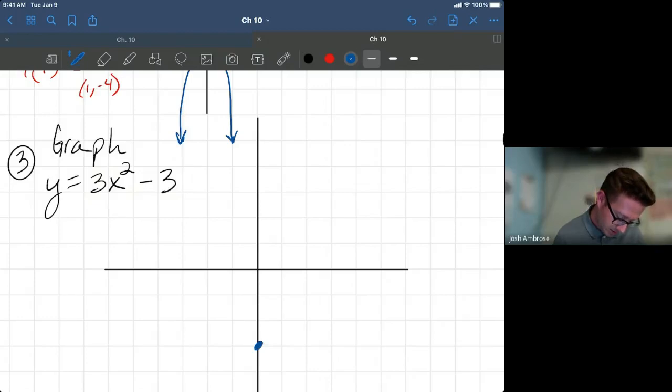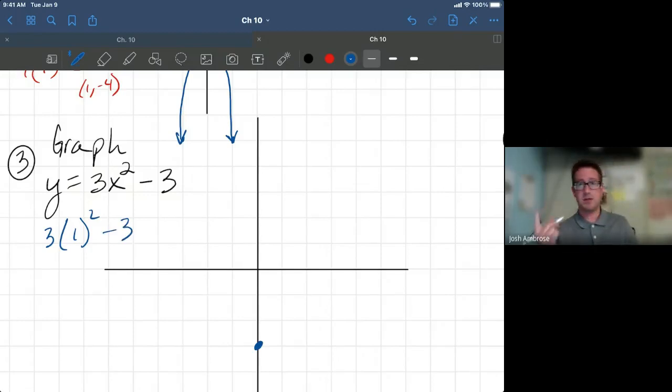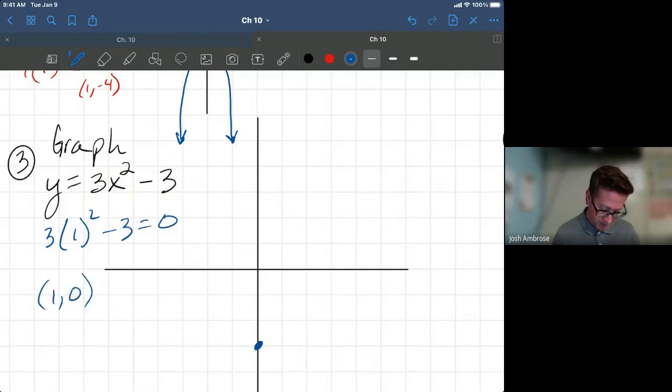So let's just save even more space and plug in 1. Square it, subtract 3. So 1 squared is 1. 1 times 3 is 3. 3 minus 3 equals 0. So that means I'm going to have a point at 1, comma 0. I'm also going to have a point at negative 1, comma 0. And I already graphed one of the points.